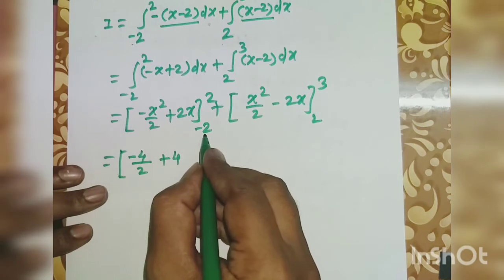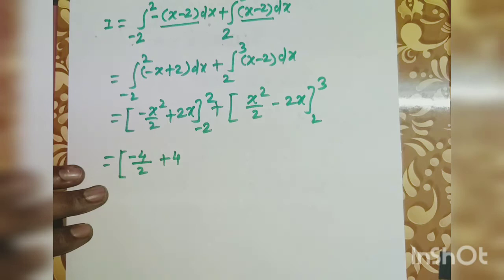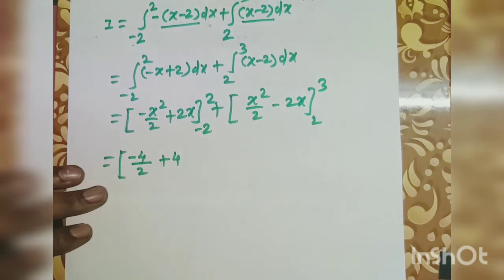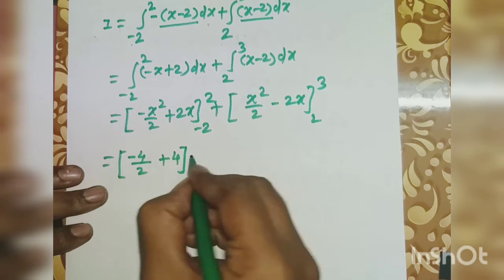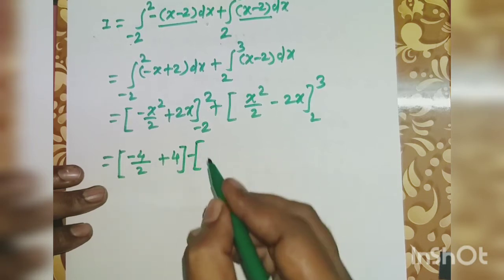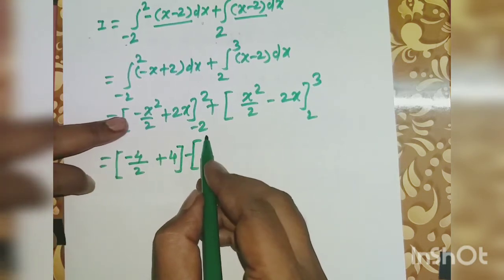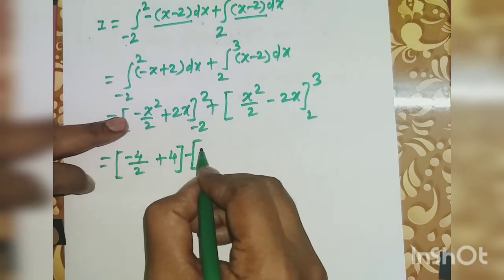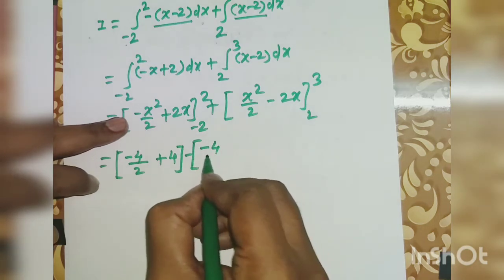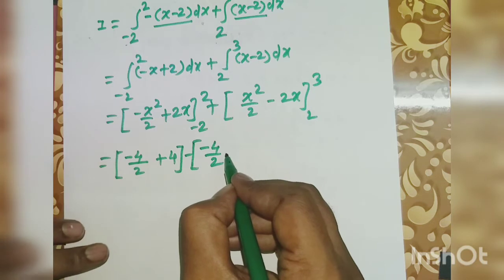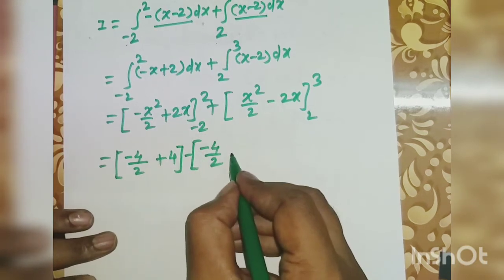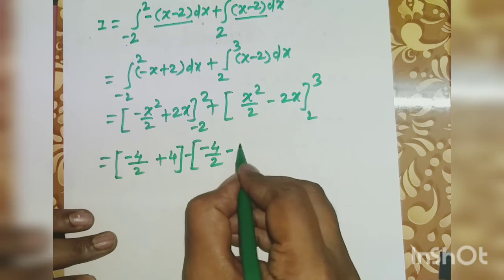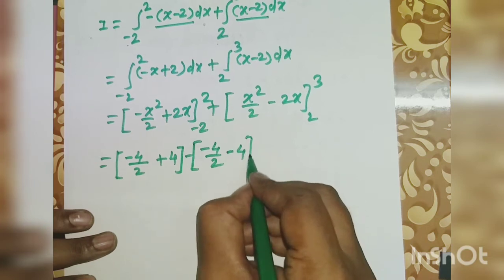Substitute value minus 2. Minus 2 square is also plus, that is 4. Or we write square bracket and then substitute these values. Minus 2, that is minus 4 by 2, and here 2 into minus 2 is minus 4.